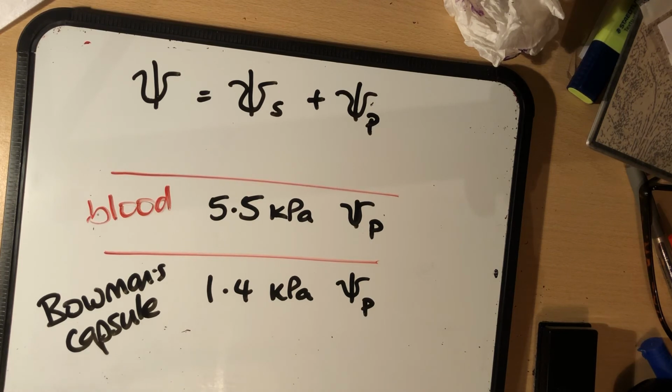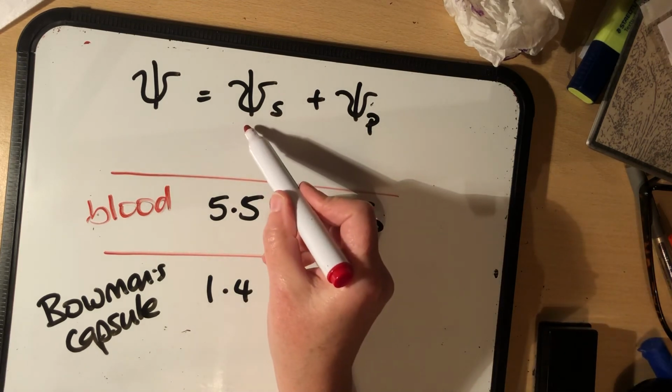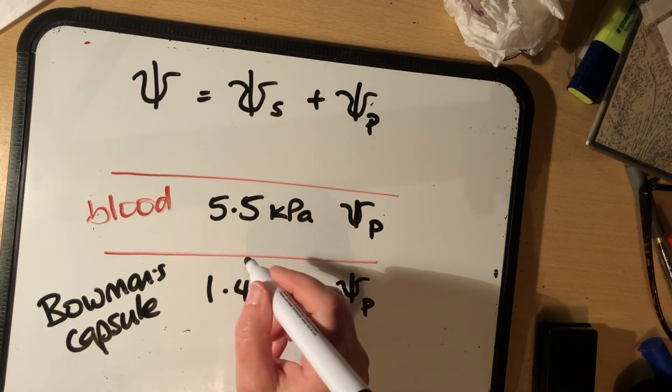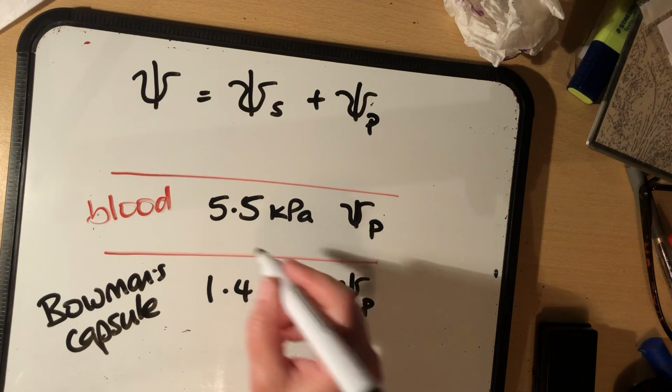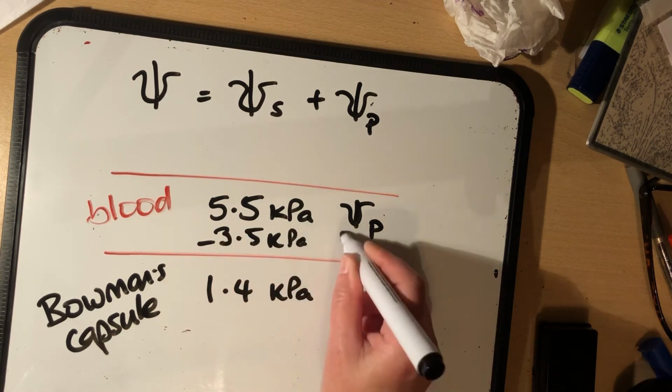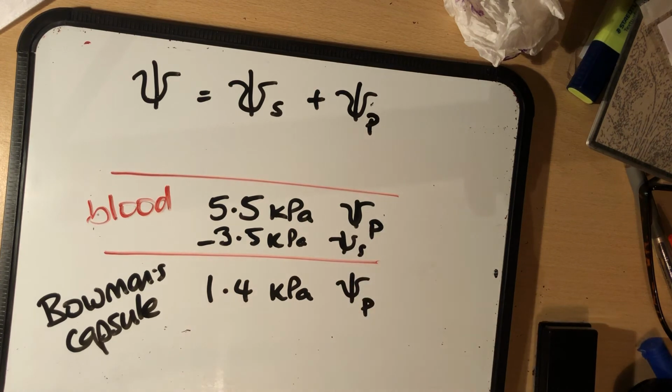In the blood, we've got a lot of plasma proteins, and so that makes our solute potential much lower. Your textbook has it being minus 3.5 for the solute potential.